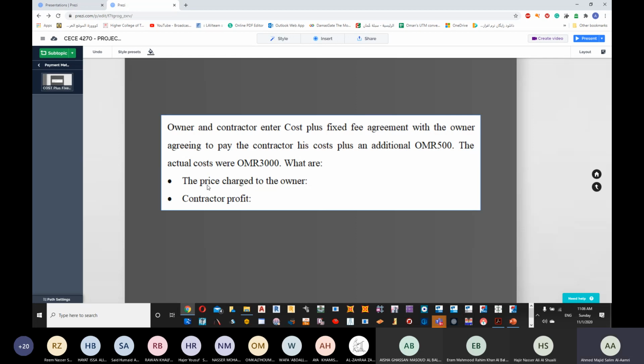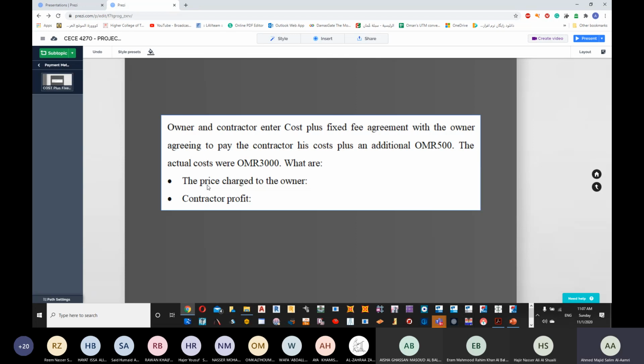So I'll be paying the 3,000 and I'll be paying the 500 as a profit for the contractor. Okay, so 3,000 plus 500. Is it clear? Now, how much is the contractor's profit?